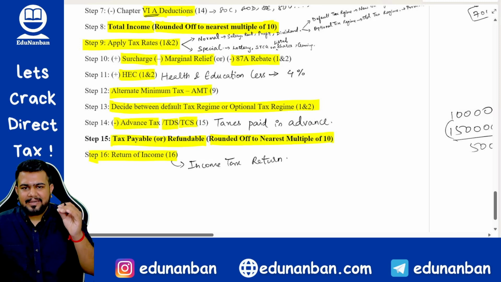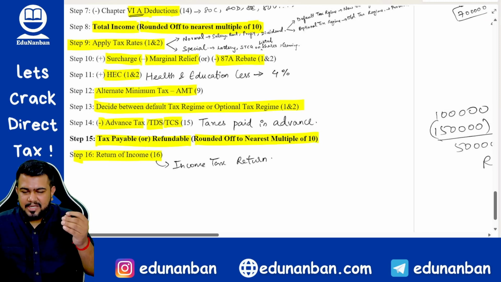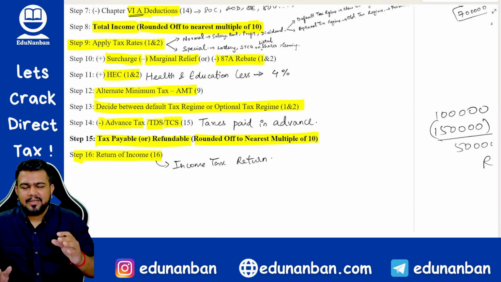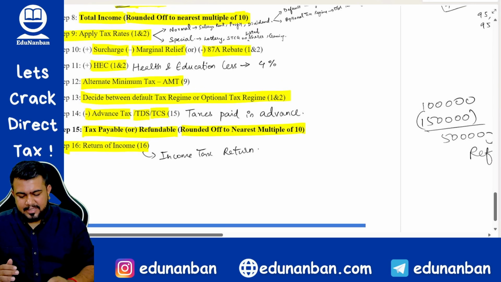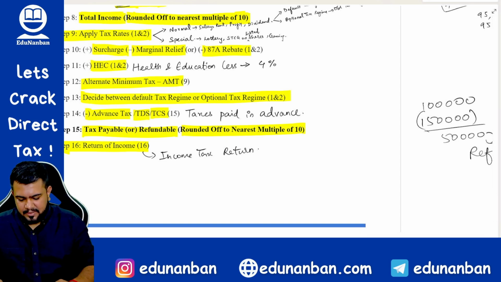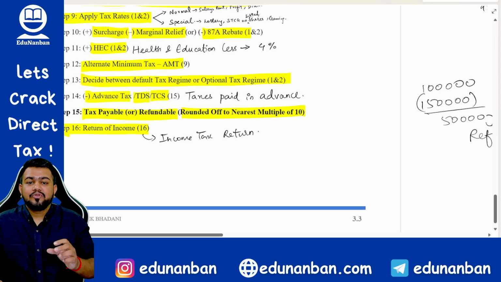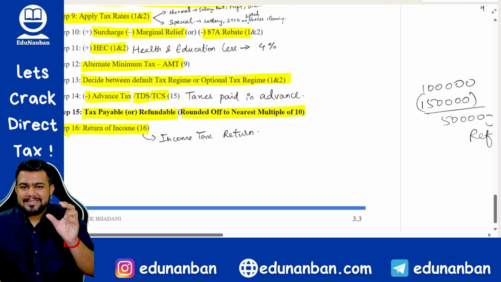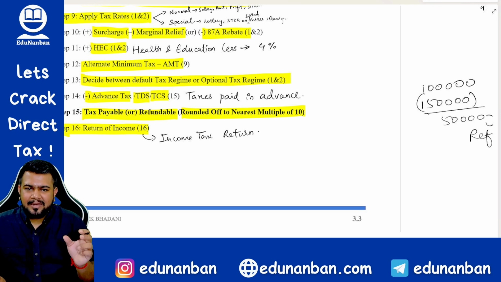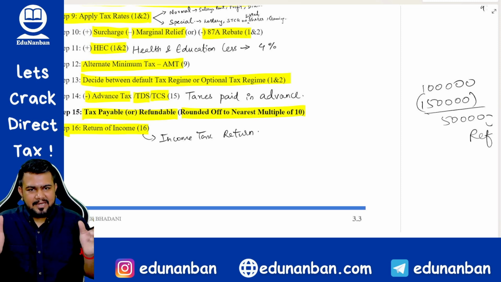After calculating the tax, you have to add the surcharge, reduce the marginal relief, or reduce the 87A rebate if there is any. After doing this, on the final tax, you have to add the health and education cess, which is 4% of the tax. Okay. After doing this, you have to also find out whether there is alternate minimum tax, and if at all there is alternate minimum tax, find out the alternate minimum tax and then decide which tax to pay, whether old regime or new regime or alternate minimum tax.